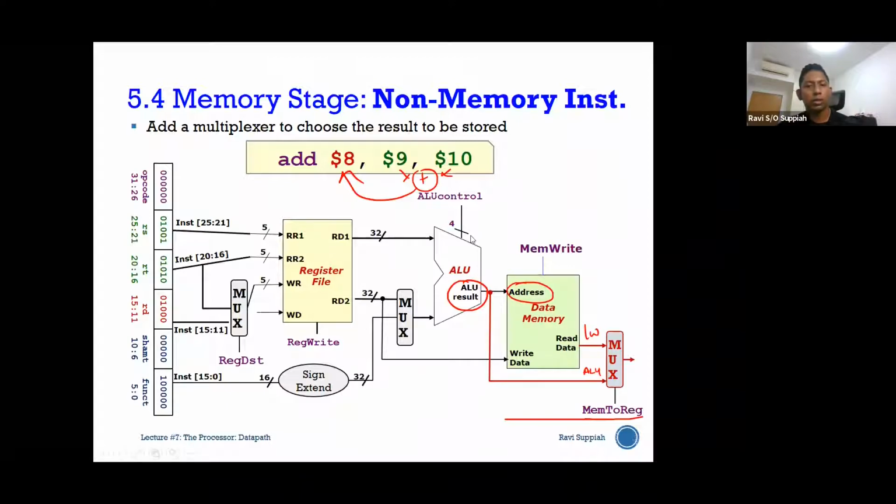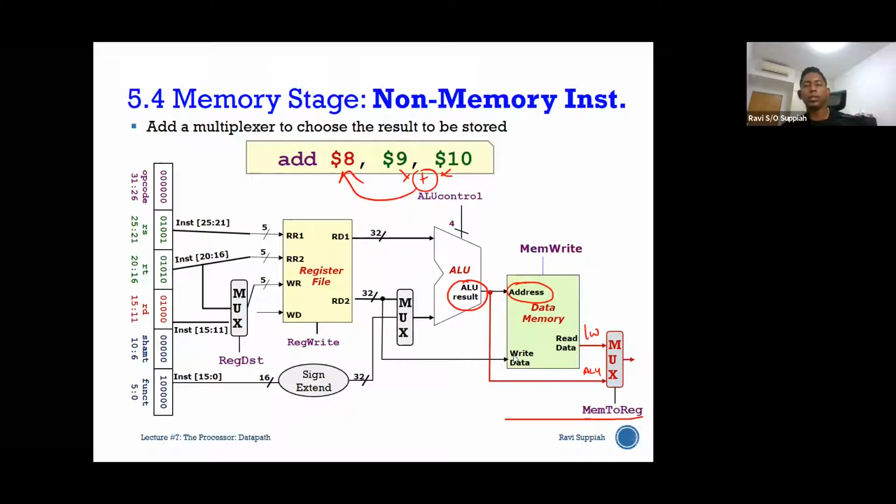Okay, so as a question, the read data output is only useful for mem read. The read data and write data are only useful when you have a load word or store word instruction. If I have a load word instruction, then I look at read data. If it's a store word instruction, then there is the write data.